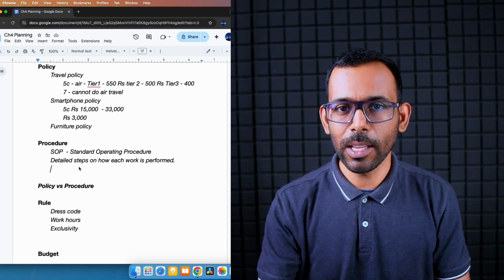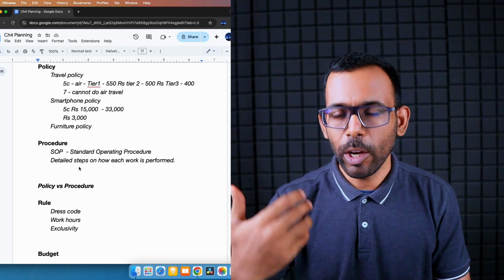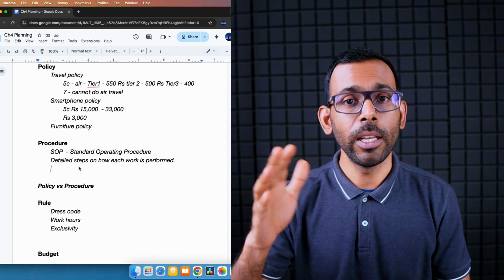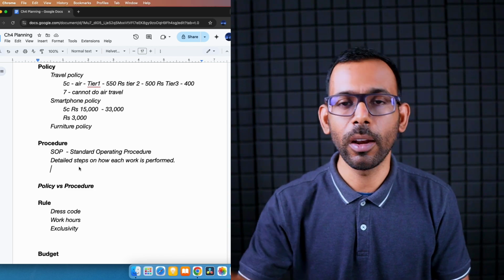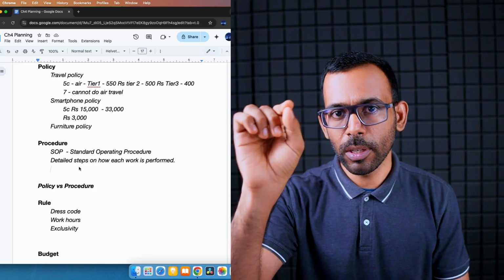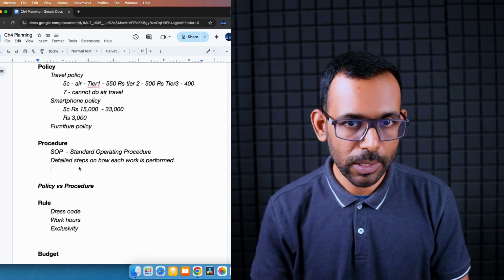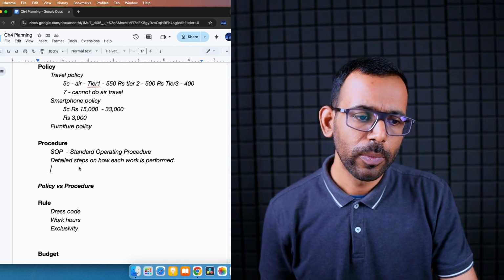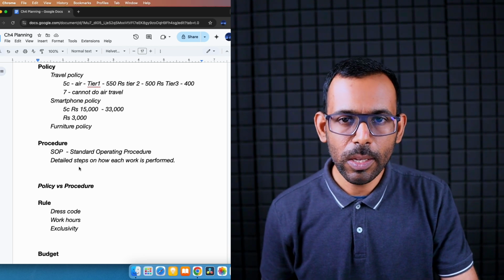I know it's a trivial example of boiling milk, it's very obvious, we do it quite naturally, but at company level, you don't take anything for granted. We have to mention it step by step, even if it sounds very silly. So that is procedure. I hope you understood the difference between policy and procedure.